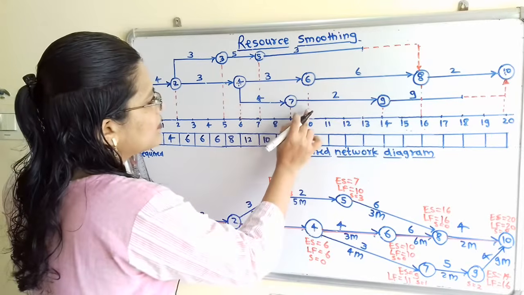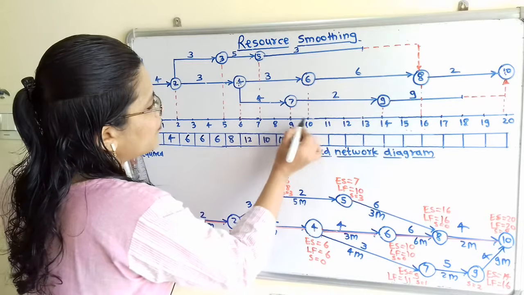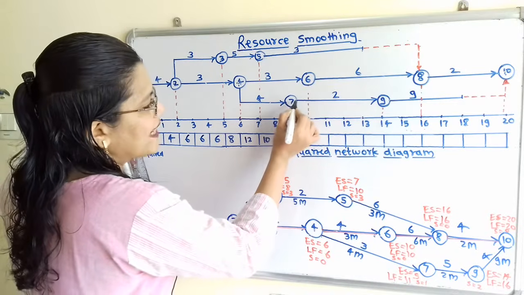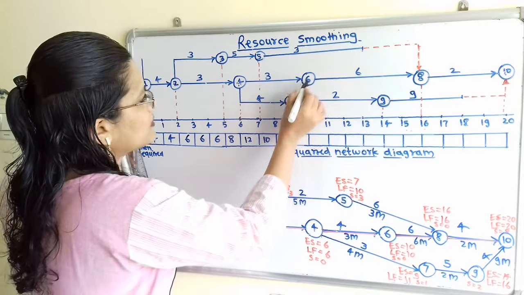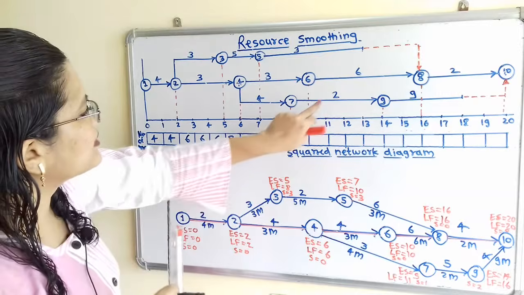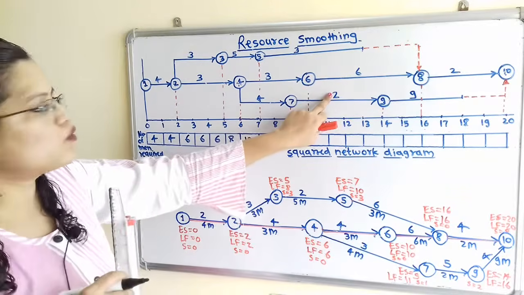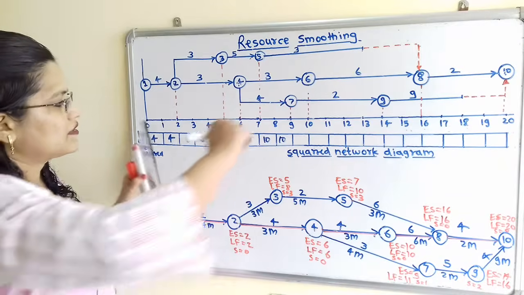Now from 9th to 10th. So here if we observe from 9 to 10, because here new activity 7 to 9 is there, and here 4 to 6 activity and 5 to 8 activity. So how to add this? That is, we have to take here 2 plus 3 plus 3, 8.